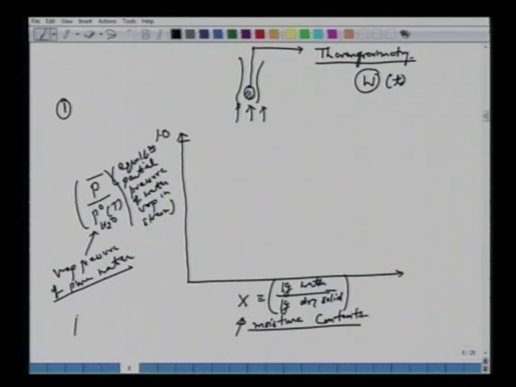So we are talking of now P bar, equilibrium partial pressure. So at the surface, water evaporates inside or outside at a solid surface. What is this equilibrium partial pressure? Okay. Now you will expect that if you start with a very large amount of moisture contents, to the extent that the solid is completely filled with water, so there is a thin film.